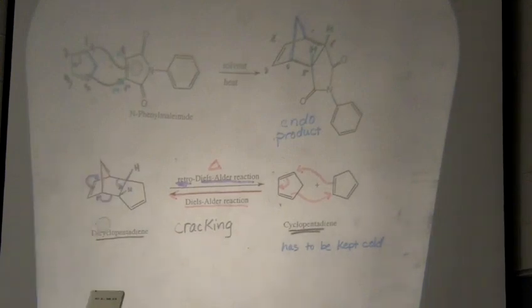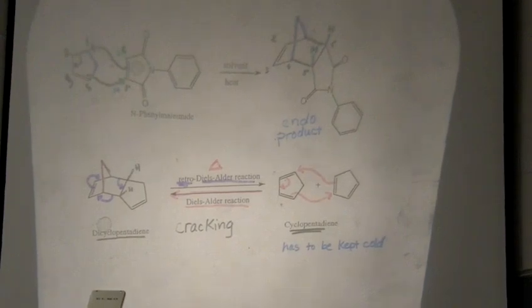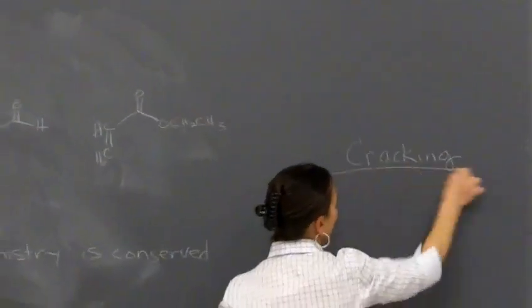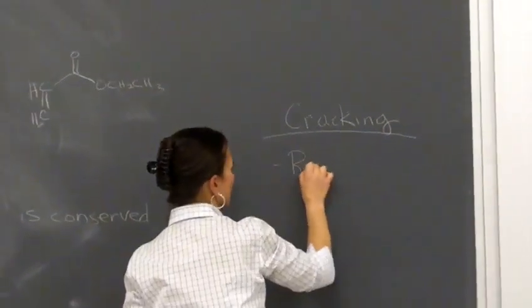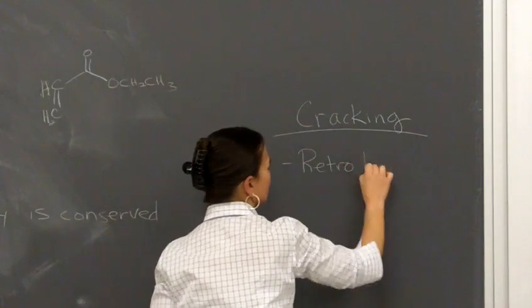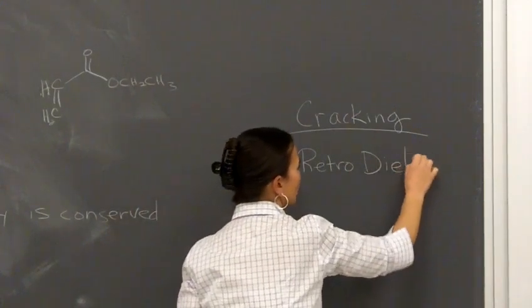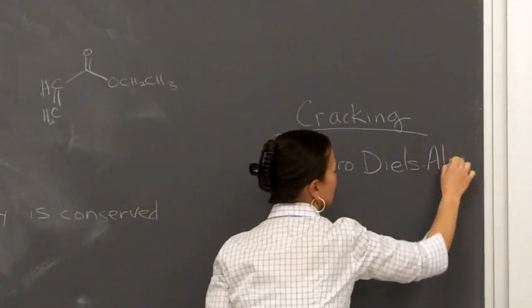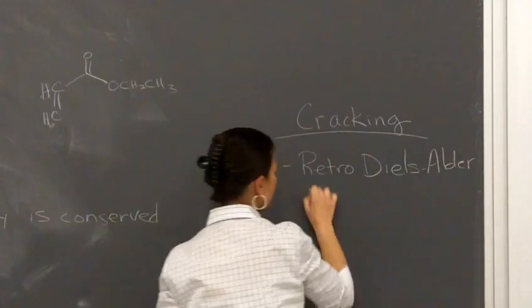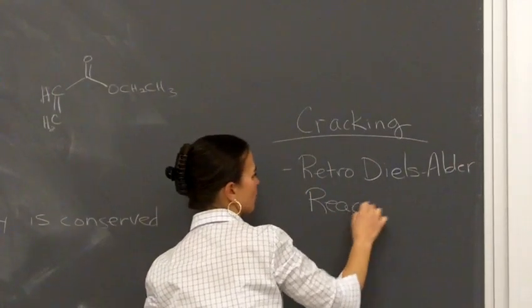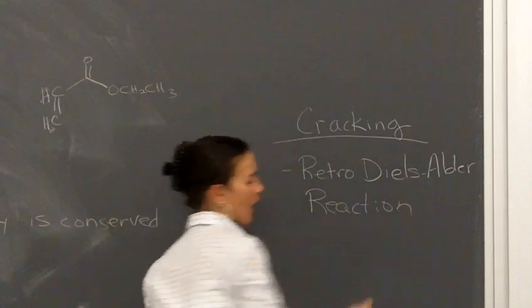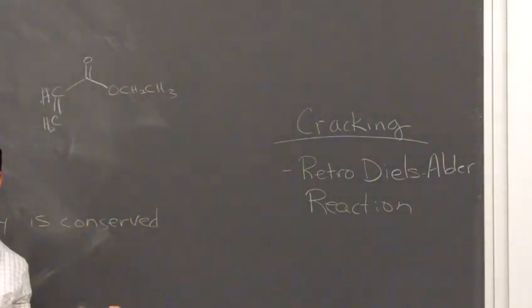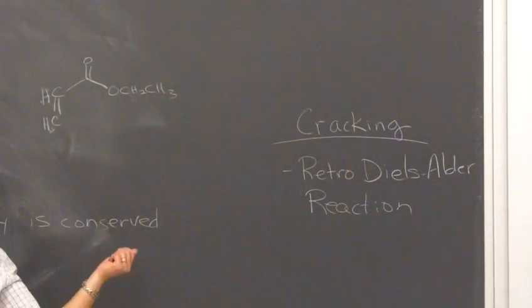So to get the cyclopentadiene, what we've got to do is what's called cracking. And that cracking is a retro Diels-Alder reaction. So we're going the other direction. We're taking what is a Diels-Alder product and we're going backwards and breaking it into its two pieces, all right?